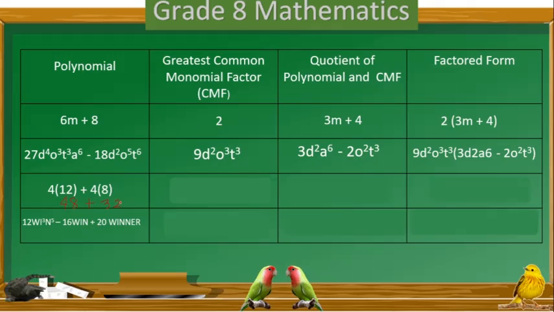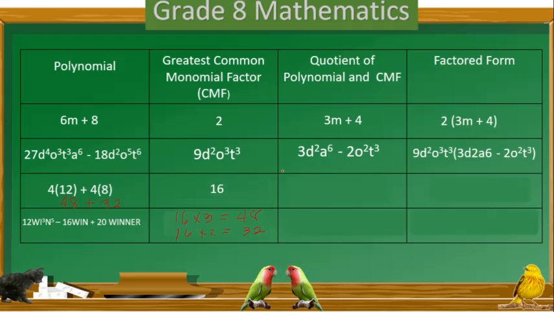So to find the greatest common factor of 48 and 32, that is 16, right? Because 16 times 3 equals 48. Then 16 times 2 equals 32. So this is 16.